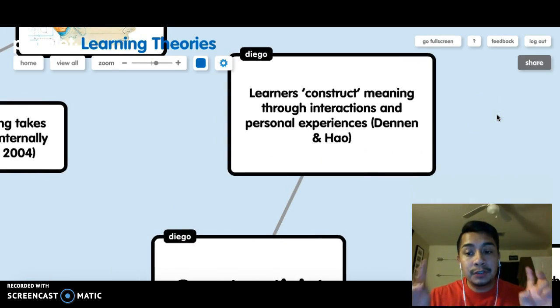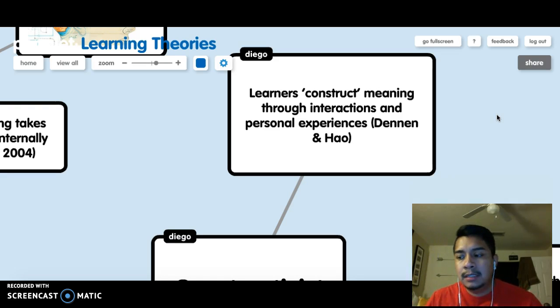So learners construct the meaning through interactions and personal experiences. So for example, right now, I am taking these new learning theories, me as a learner, and I'm constructing meaning out of it. The way I'm constructing meaning out of it is that I am applying it to my personal life through my personal experiences as a teacher or even as a student.